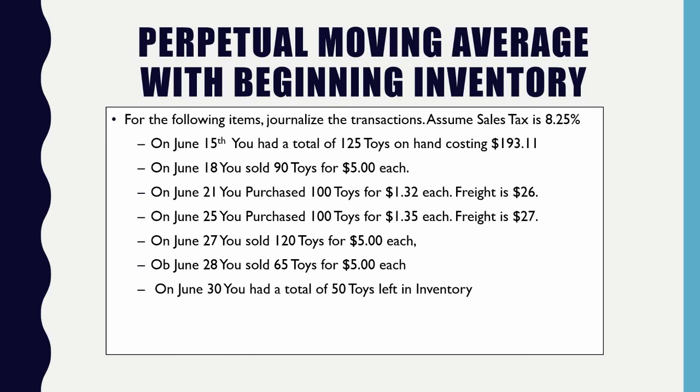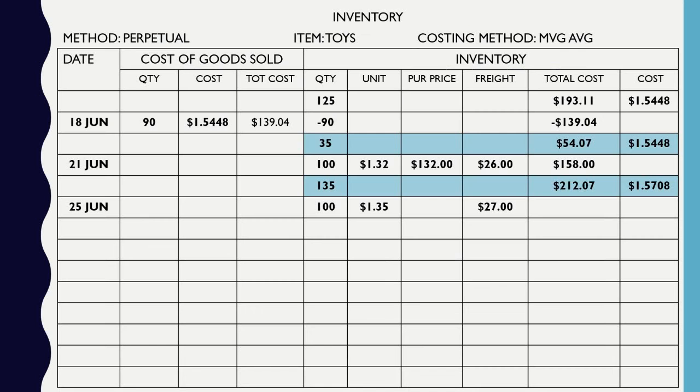And then, of course, on June 25th, we end up purchasing an additional 100 toys for $1.35. So this is what I'm left with, right? I'm going to add in my 135 plus 27 to give me 162.